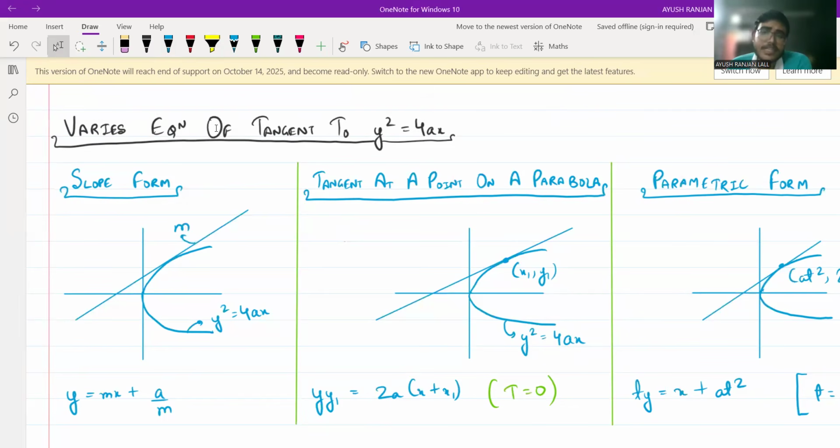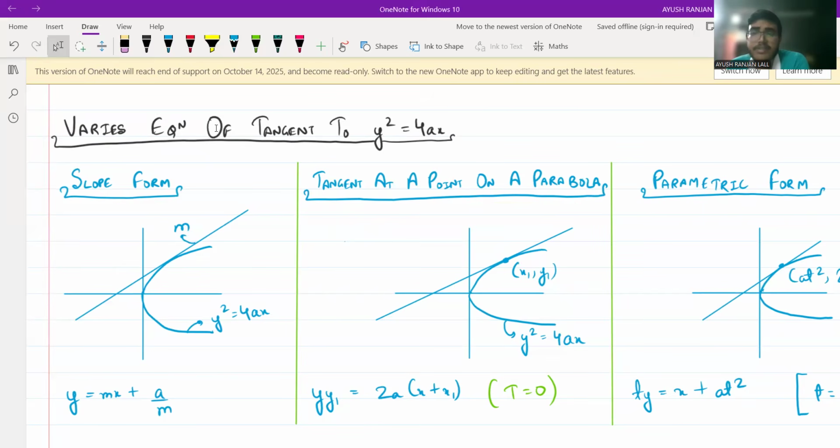We take the line equation as y equals mx plus c. Next, if the equation of the parabola is y square equals 4ax, how do we write the equation of the tangent? A tangent intersects at only one point, so you are going to find the point of intersection.